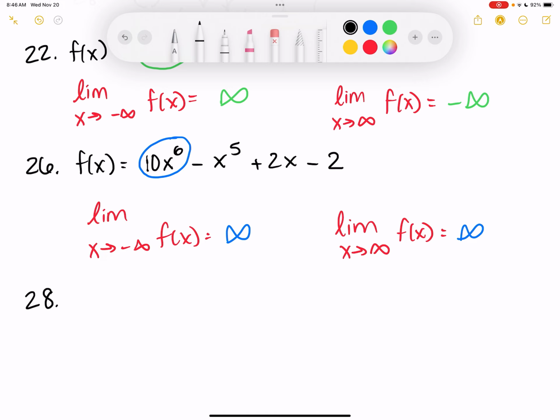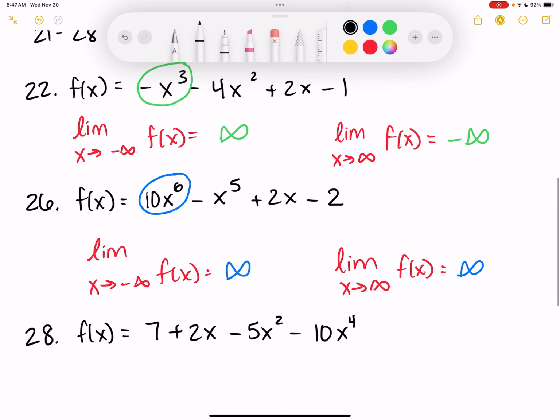So one more. F of x equals 7 plus 2x minus 5x squared minus 10x to the 4th. So what's different about this one compared to the previous two? They're not in the proper order, which, not the end of the world.